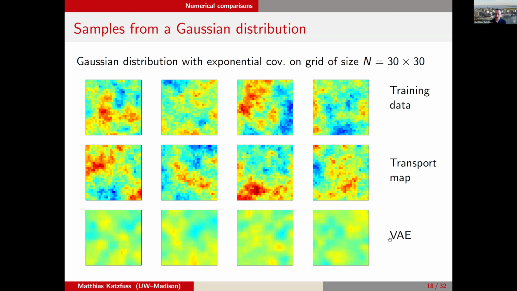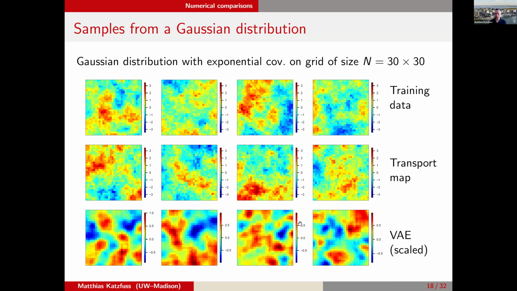As a quick comparison, we also tried to fit a VAE to this, admittedly small, sample from a Gaussian distribution, and you can see that it's producing samples that look almost nothing like what they should look like. So it's definitely not capturing that distribution very well. Clearly the scaling is already off quite a bit. But even if we correct for the scaling to make the marginals roughly on the same range, you can see the spatial structure also doesn't look right.